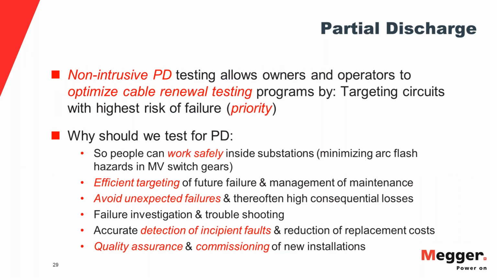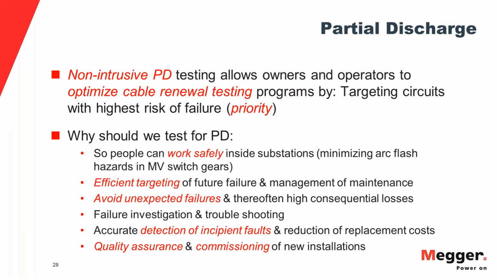So the best way to actually see this is partial discharge testing, which is a non-intrusive, or minimally intrusive, kind of test. And typically when you use a non-continuous waveform, as we will talk about in a second, it's also considered non-destructive. At the end of the day, you want to find out what circuits to prioritize.